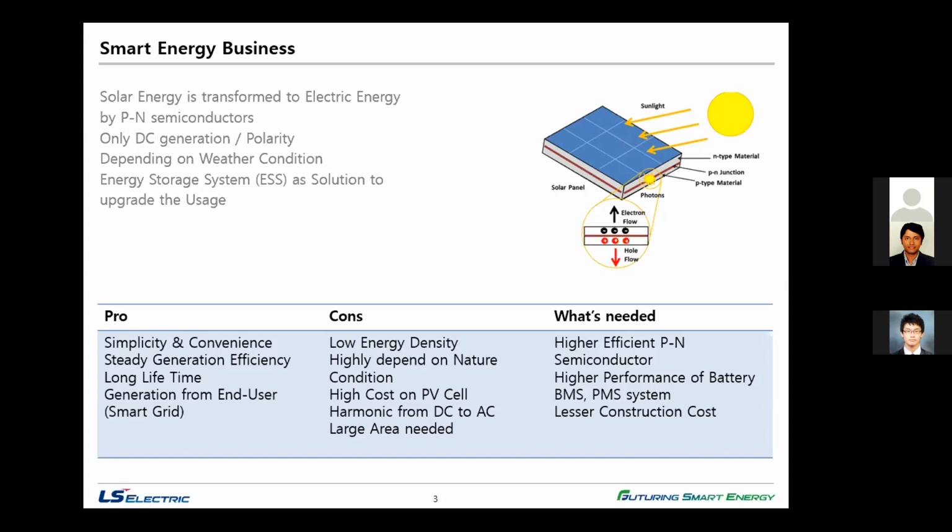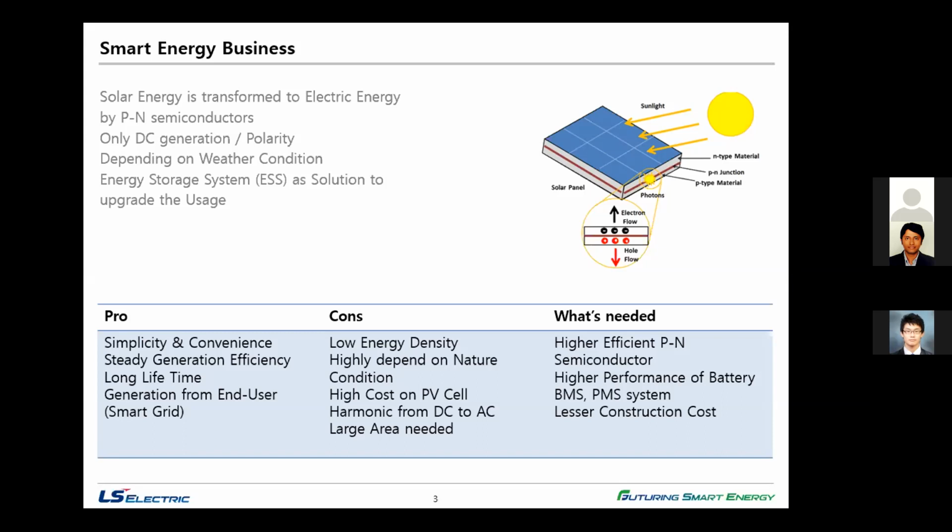They are joined together to create a PN junction. By doing that, an electric field is formed in this region, and when sunlight goes into this cell, it divides into two parts, electron and hole. Basically, the electron moves to the positive side, and the holes move to the negative side. In the end, it creates a voltage difference, and finally creates electric current in the cell.